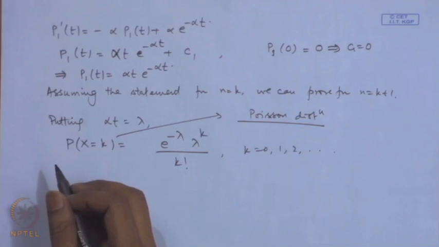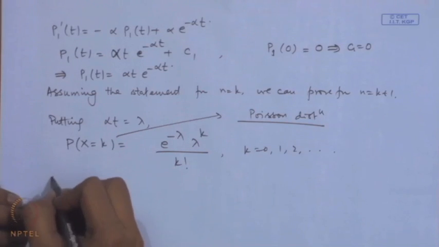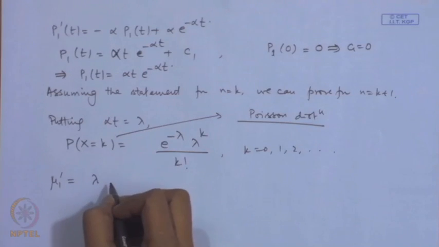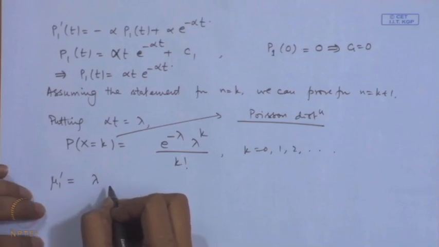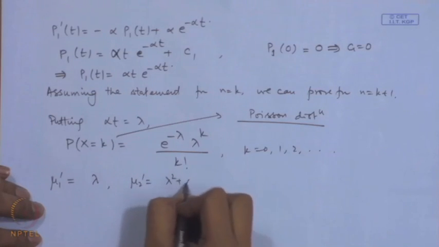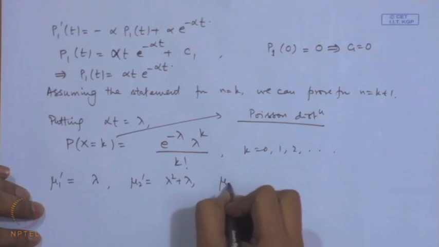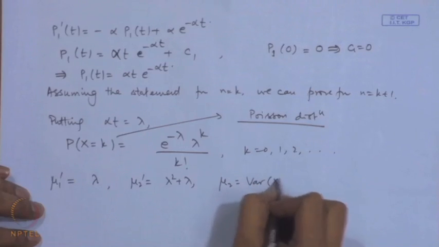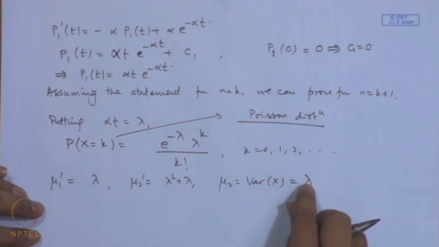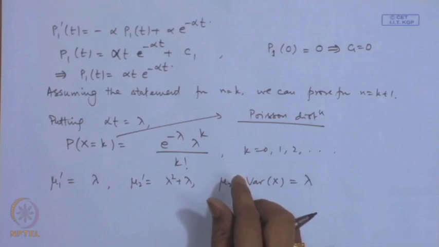Now, we just give the expressions for the mean, variance, etc. The mean of a Poisson distribution is equal to the parameter lambda here, mu 2 prime is equal to lambda square plus lambda, and therefore mu 2, that is the variance, is again lambda. So, in a Poisson distribution, mean and variance are the same.